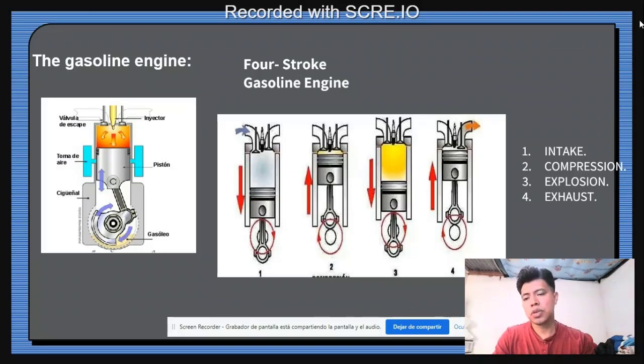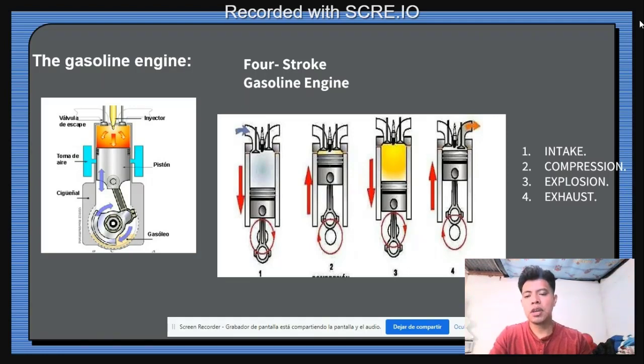Internal combustion engines are of two main types. The first is the spark ignition engine, commonly known as the gasoline engine because it runs on regular gasoline. In this type of engine, the vaporized fuel and air mixture is ignited by an electrical spark.